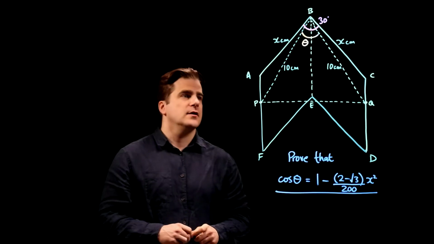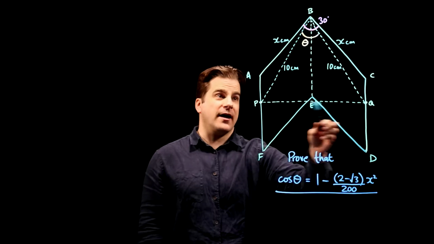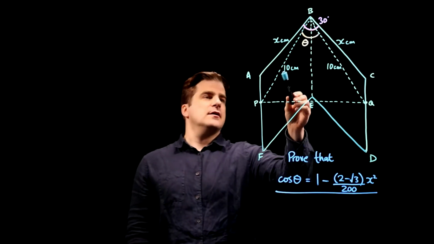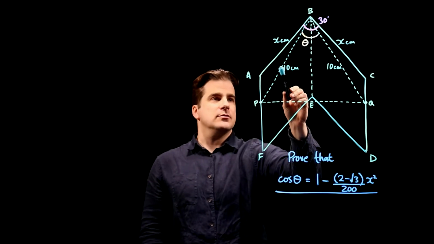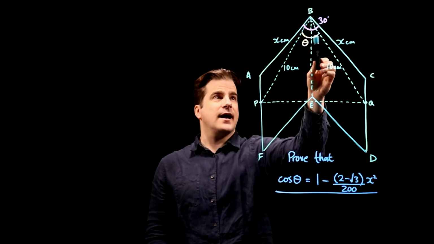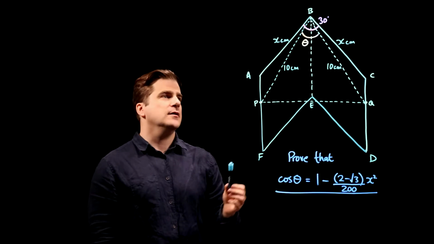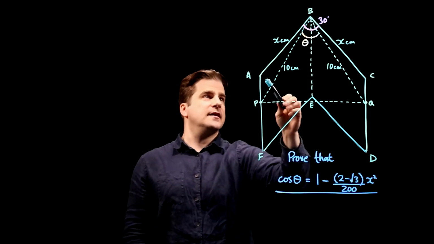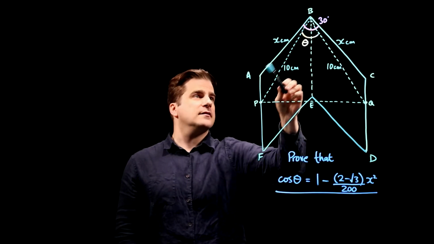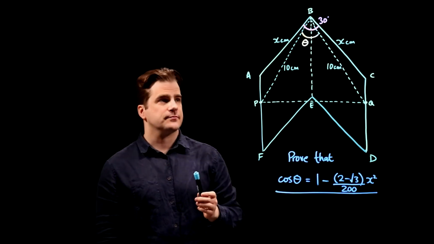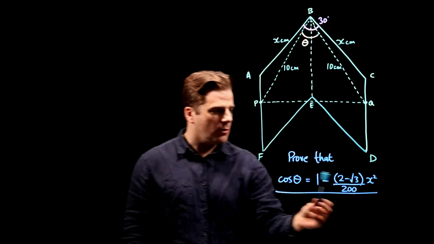Well, we have triangles. Look at this triangle, PBQ. We've got two sides and the angle between them. Look at this triangle, ABC. We've got two sides, x, and the angle between them. And look at what we've got to prove.